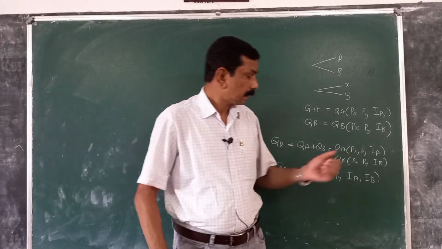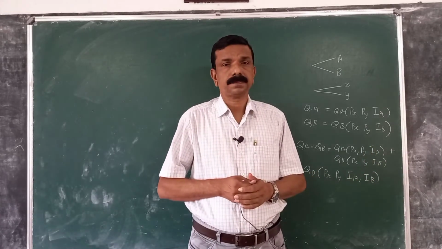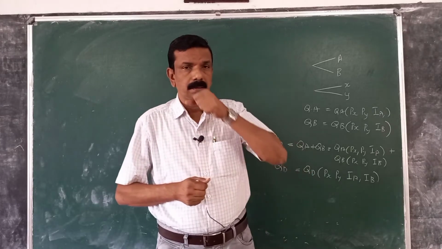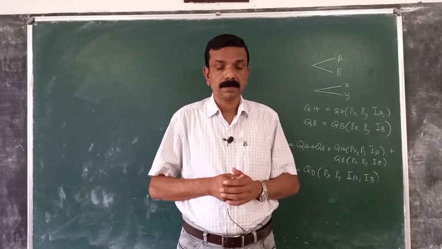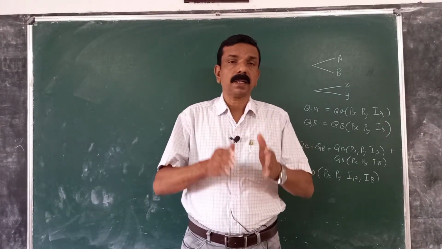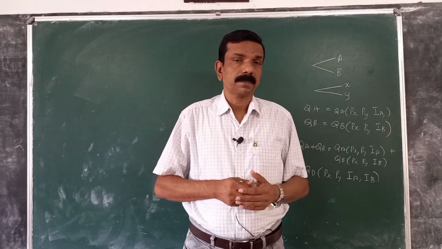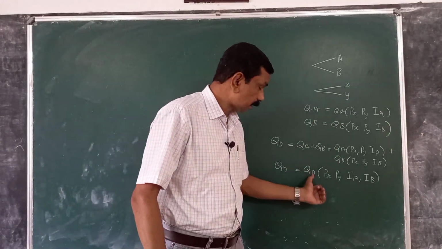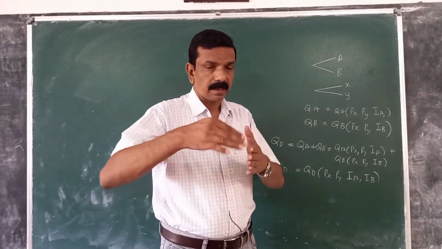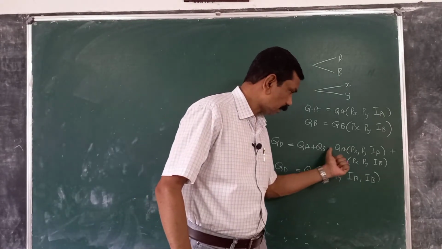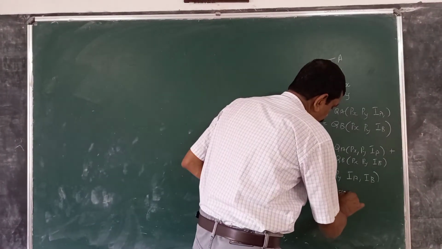Now, holding Py, IA and IB constant, that is, holding the price of Y and the income of consumers A and B constant, we can obtain the market demand curve for a commodity as the sum total of quantities demanded by A and B, for private goods.